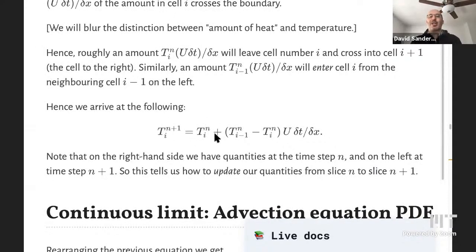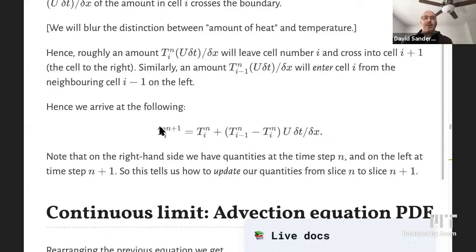There'll be however much there was at the previous step, plus the amount that entered minus the amount that left. The amount that entered comes from cell I minus 1, and the amount that leaves is going from the current cell into the next cell. And then this is the proportion that we were just talking about. So this is the equivalent of the Euler method in this situation.